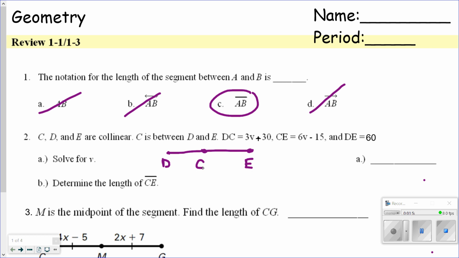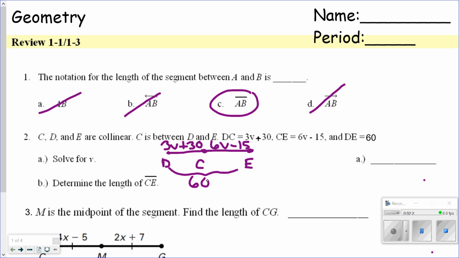So DC is equal to 3V plus 30. CE is 6V minus 15. And I know DE is equal to 60. Now that I have my picture, let's set up my equation.